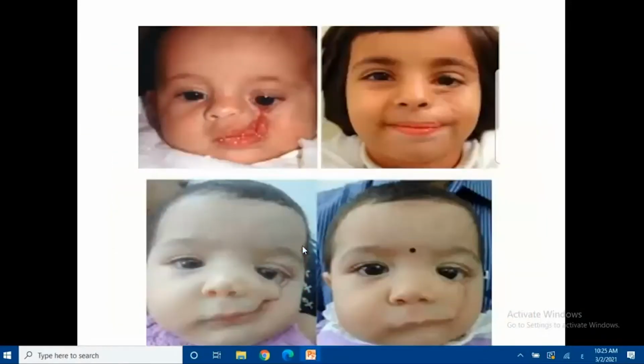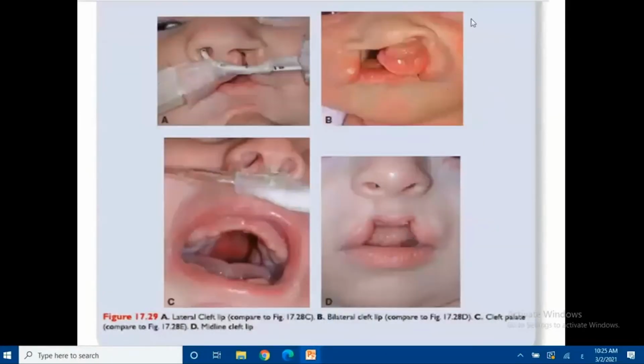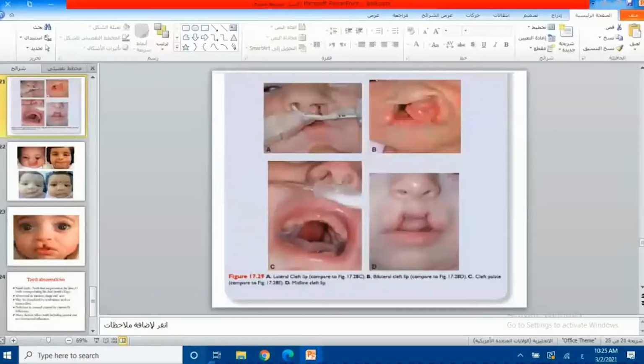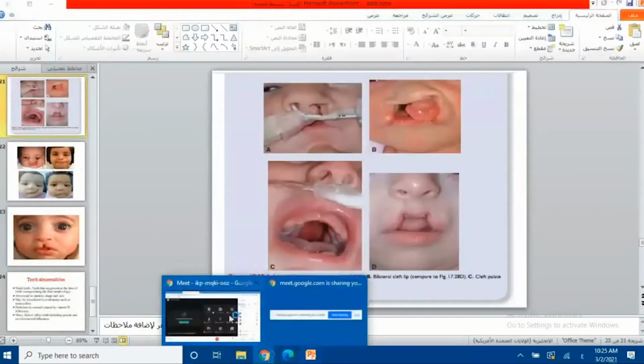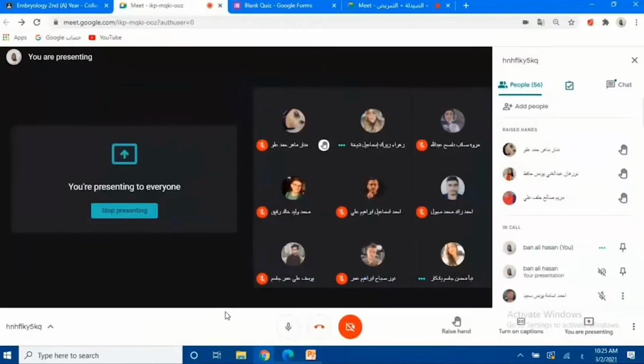Okay, so who can tell me what's the kind of the cleft right here? Just let me see who's raising.